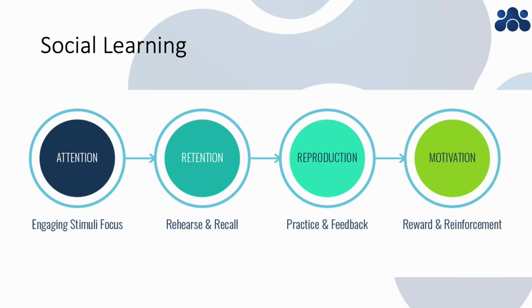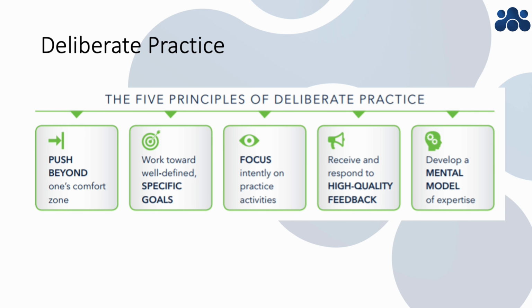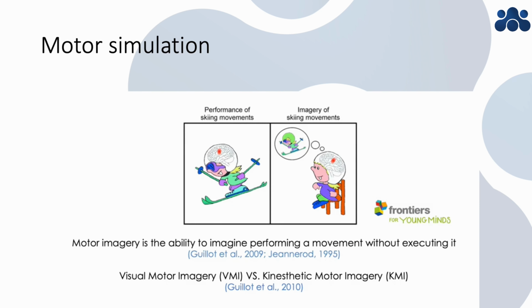Social learning depends on attention, retention, reproduction, and motivation. The deliberate practice principles include pushing beyond the comfort zone, working toward a well-defined specific goal, focusing intensely on the practice activity, receiving and responding to high-quality feedback, and lastly developing a mental model of expertise.